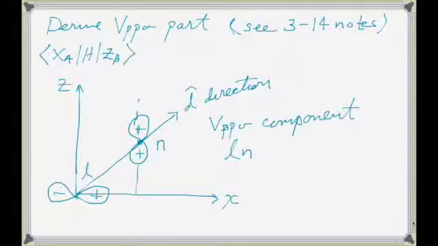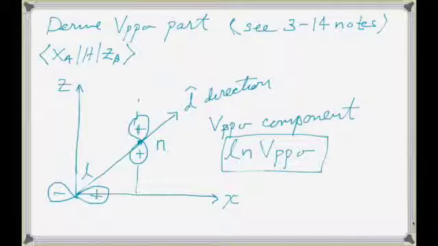Dotting those into the D vector, it's like X hat dot D hat, which is L, and Z hat dot D hat. So that's the cosine alpha and cosine gamma, which is L and N, which is exactly what we wrote down. Now the other part is a little tricky, and I'll say, just see the notes.